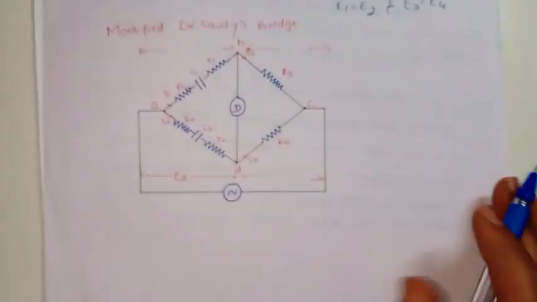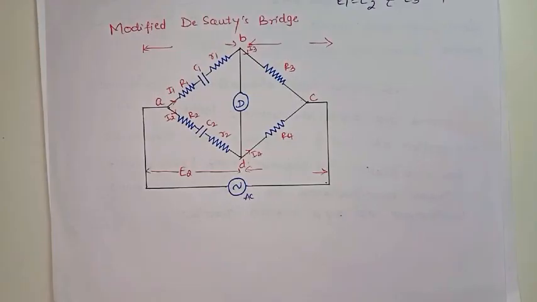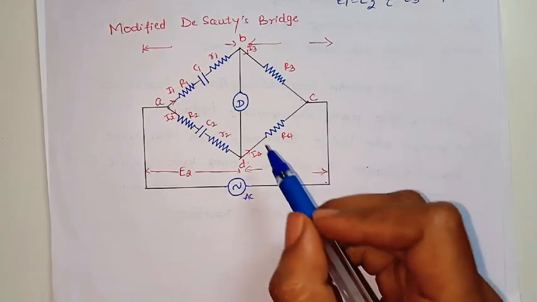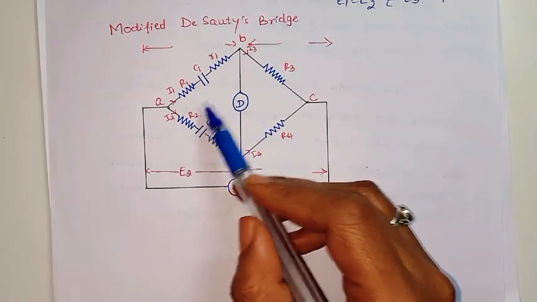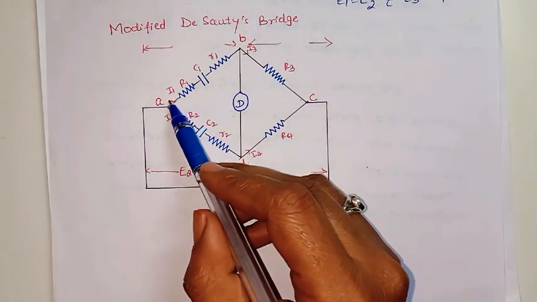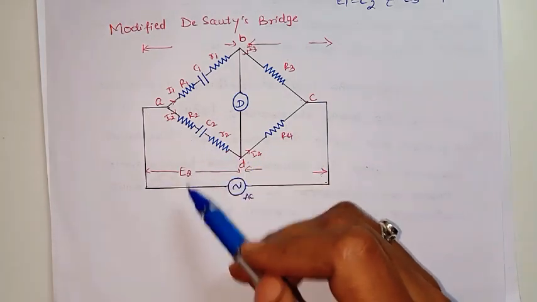This is the AC signal which we are providing to this bridge circuit, and here also there are four arms: the arms AB, BC, CD and DA.